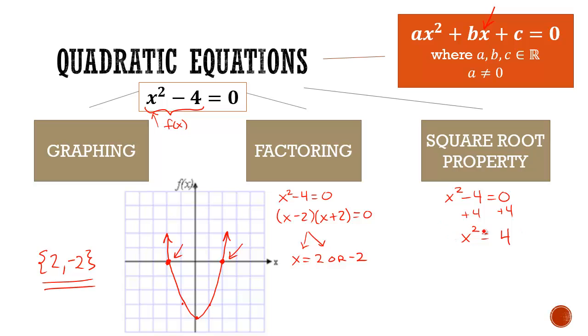Well, every single time that we do this, we're going to get a positive and a negative option. As you can see here, in this simple example, you had 2 or negative 2. So when you square root both sides, you actually get a plus or minus there, always. So that's leaving us with x being plus or minus the root of 4.